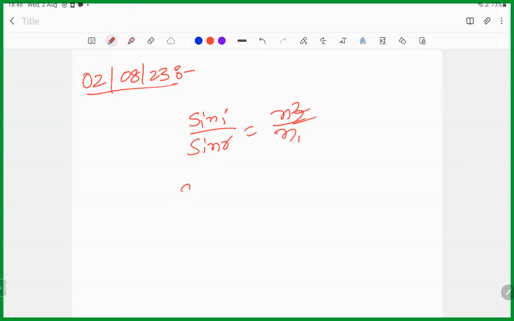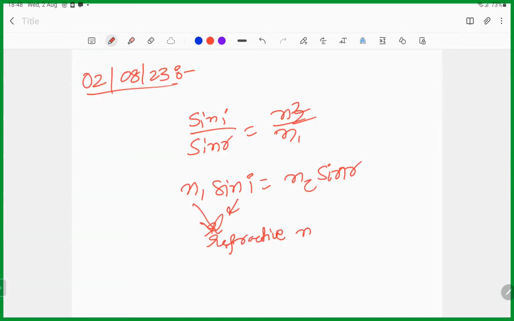Otherwise, N1 sin i equals N2 sin r. This is the refractive index of medium 1. This is medium 2.